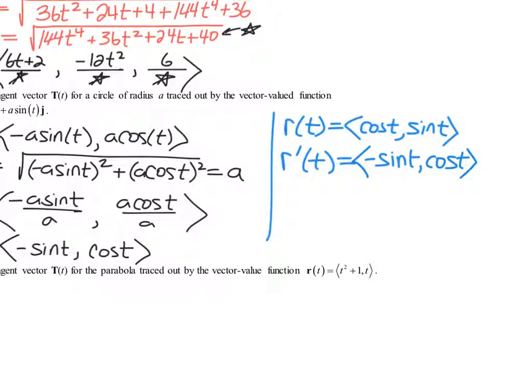So this is the vector that would represent each of those coordinates. If you were drawing a vector to each one of those coordinates around the unit circle, it would be cosine comma sine, just using theta instead of t. What we're getting from this is the derivative, which would be the tangent vector, negative sine t, cosine t.